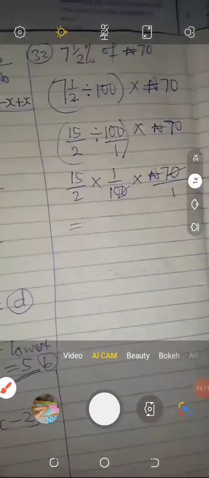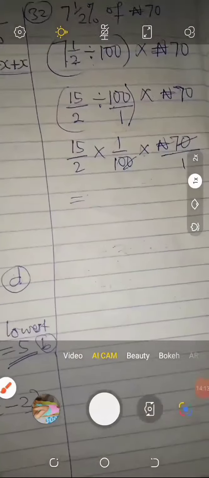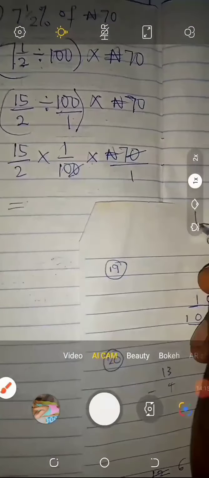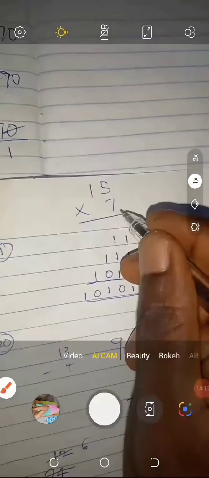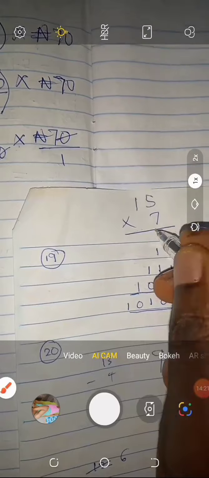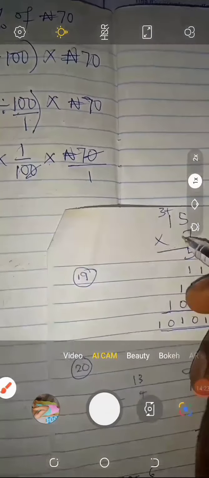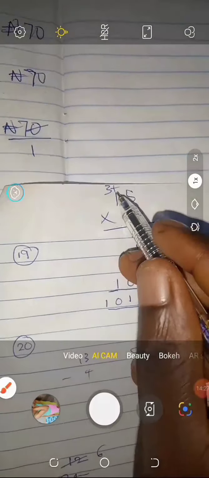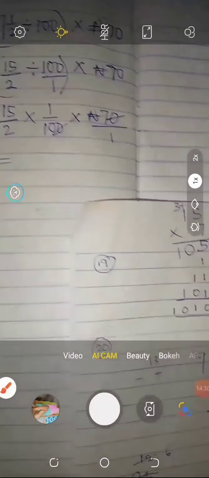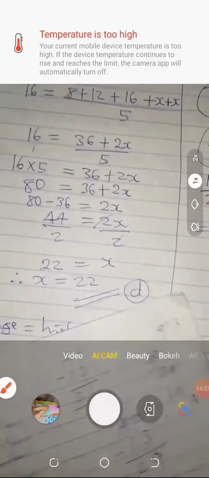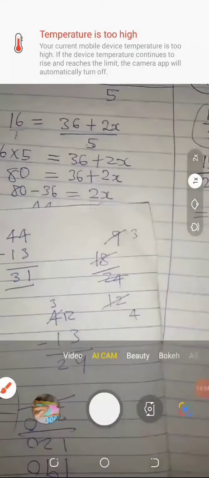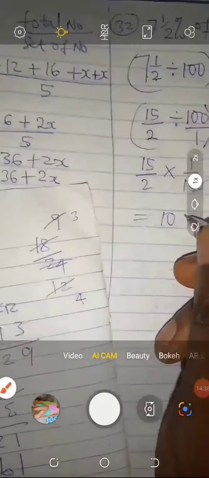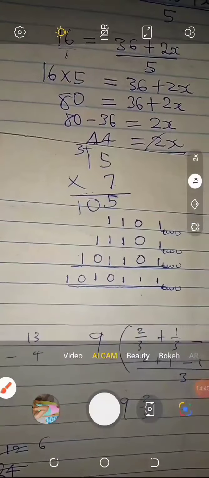15 times 7. So let's go ahead and multiply that. 7 times 5 is 35. We drop our 5, carry 3. 7 times 1 is 7, plus 3 is 10. So we have 105 rather, this is 35.